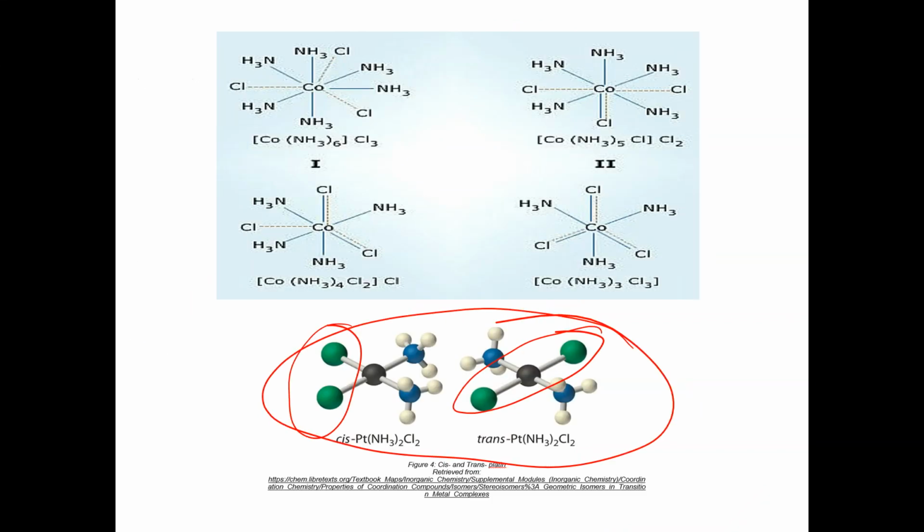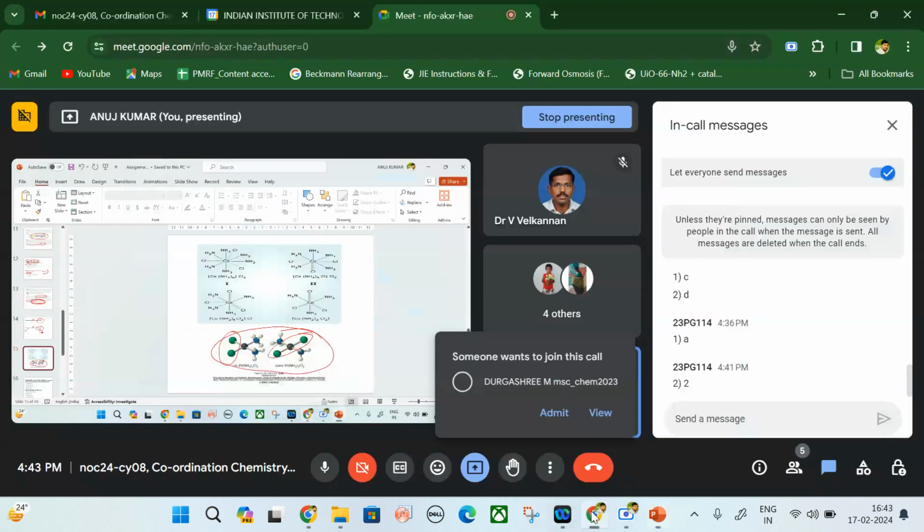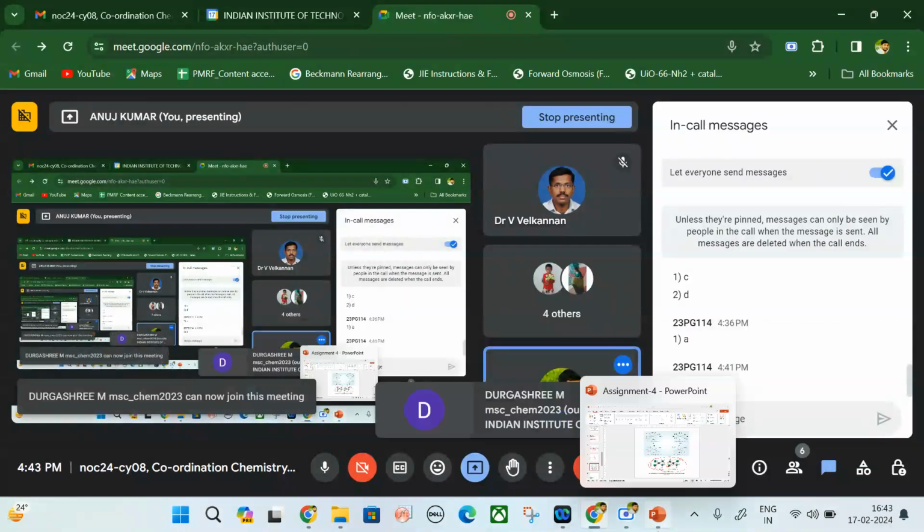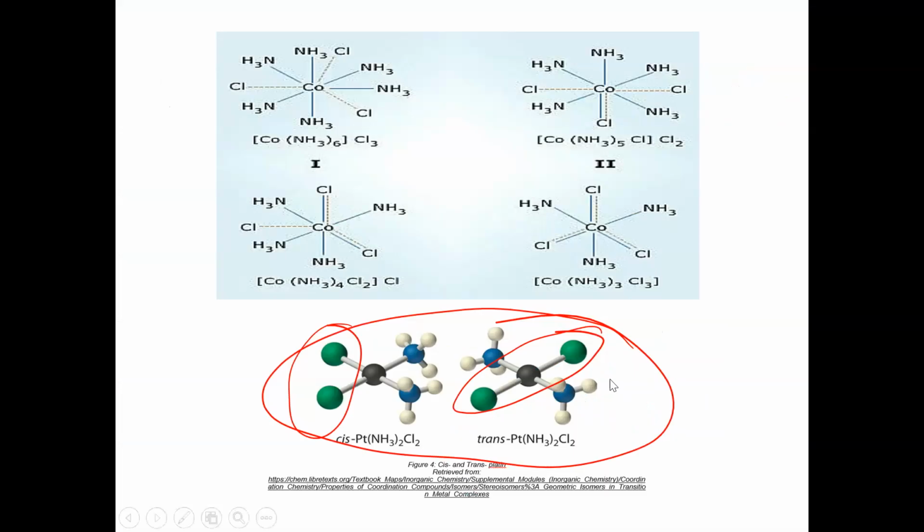Okay, so in the first one, you will be dealing with coordination sphere isomerism, right? If this is the structure, here the chloride ions are outside the coordination sphere. In Werner theory, you can see these chloride ions are shown by the dash bond.